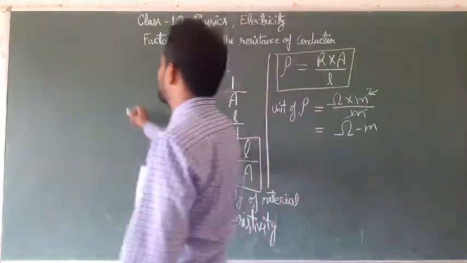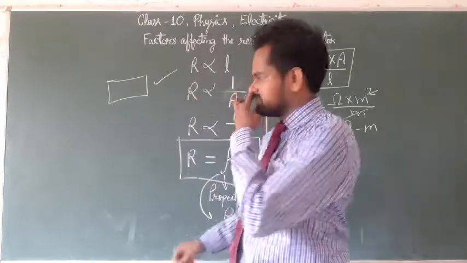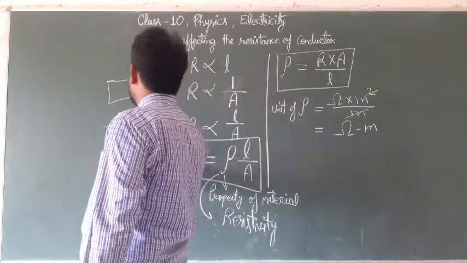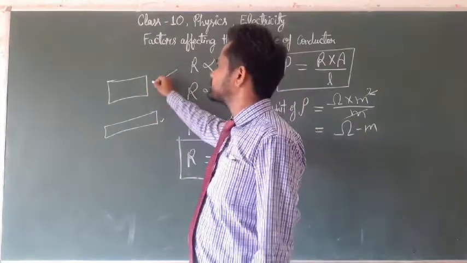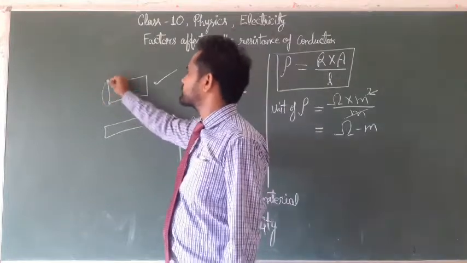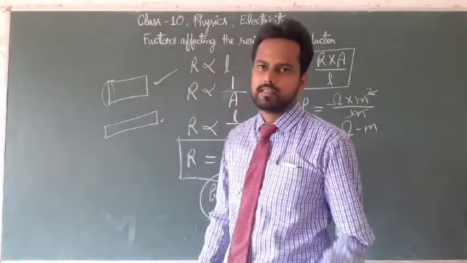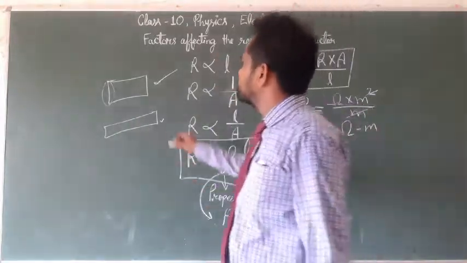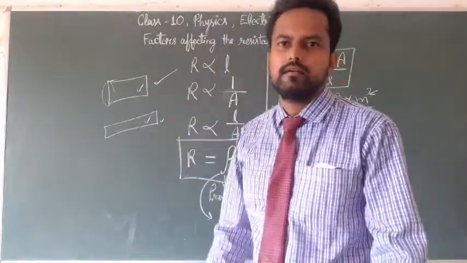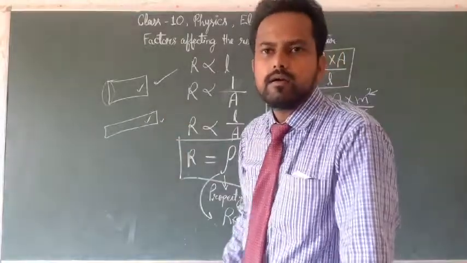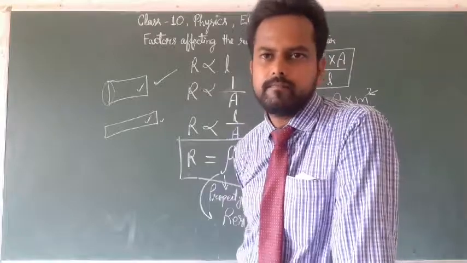Suppose we have two wires, this is a thin wire and this is a thick wire. The cross sectional area of this wire is greater than the cross sectional area of the thin wire. So if I am talking about the resistivity of both wires, thick wire and thin wire, both wires have the same resistivity.